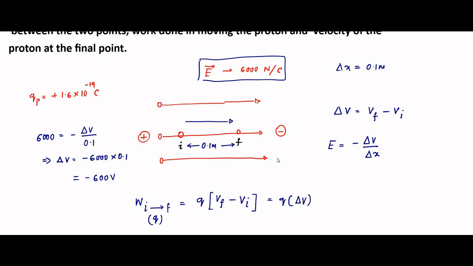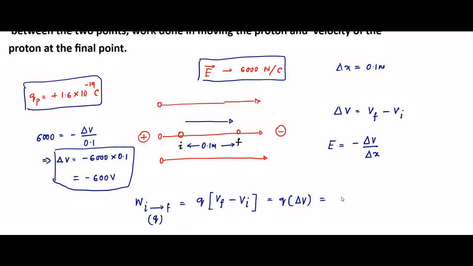Now here we have already calculated that the potential difference between the 2 points is minus 600 volt. The value of the charge, the proton, is plus 1.6 into 10 to the power minus 19 Coulomb. So simply the product of that is 1.6 into 10 to the power minus 19 Coulomb into minus 600. So that is equal to minus 960 into 10 to the power minus 19 joule.